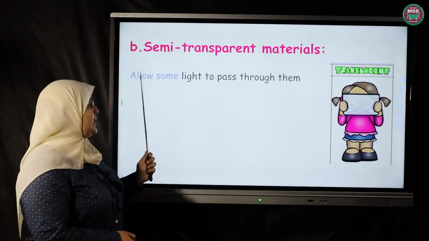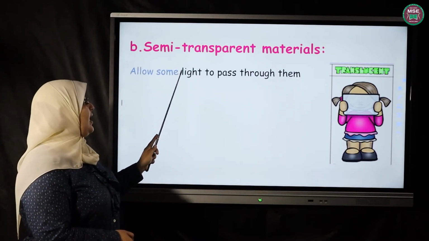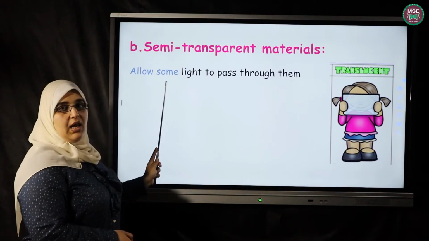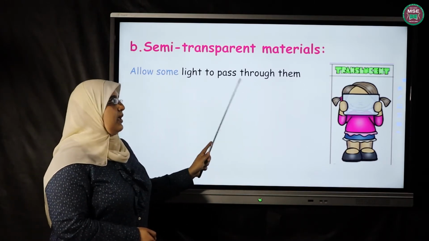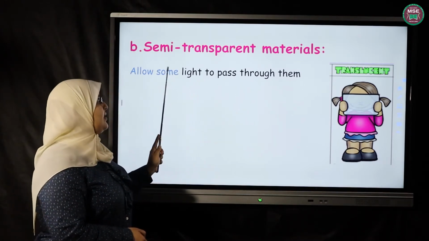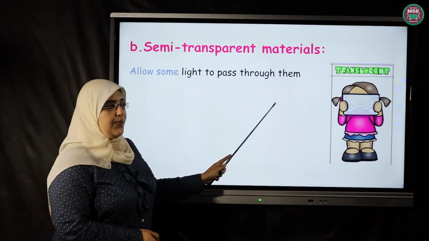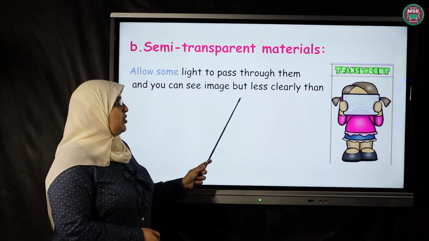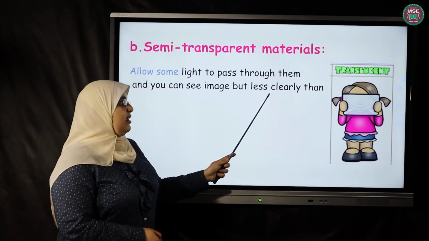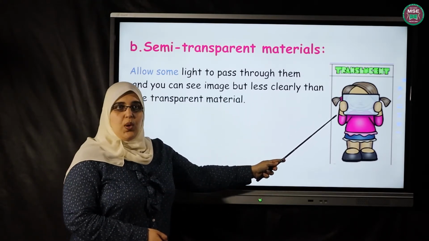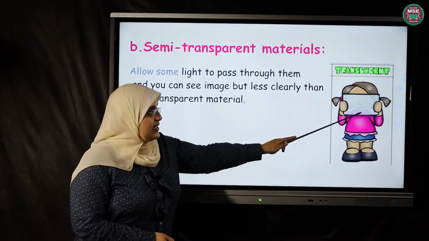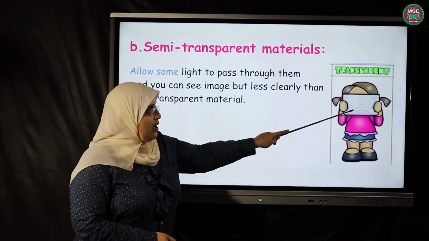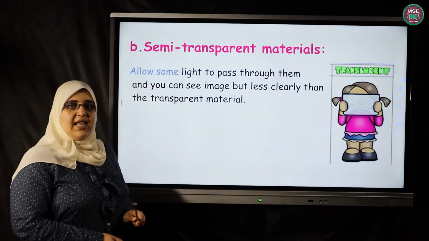So the semi-transparent materials allow some light to pass through them. You can see the image behind them, but less clearly than the transparent one, as we see here.